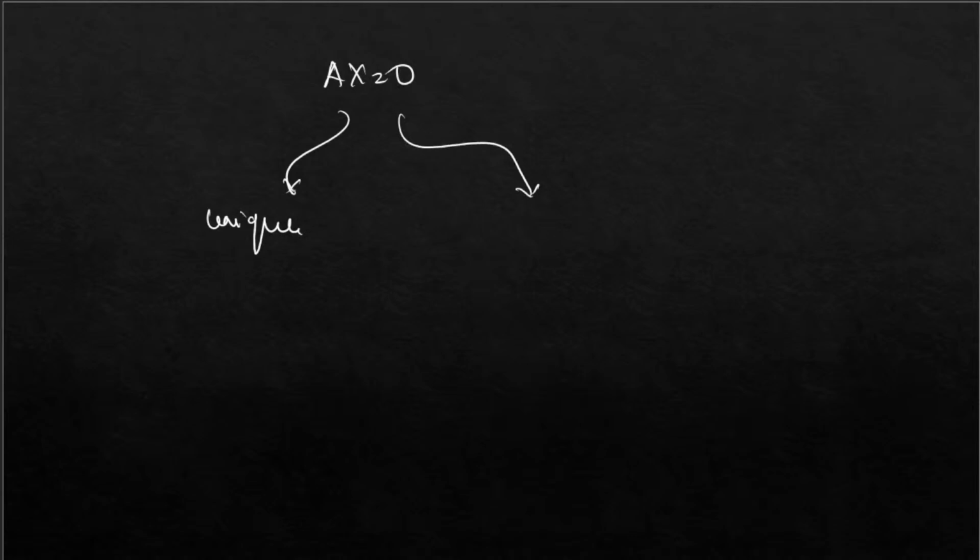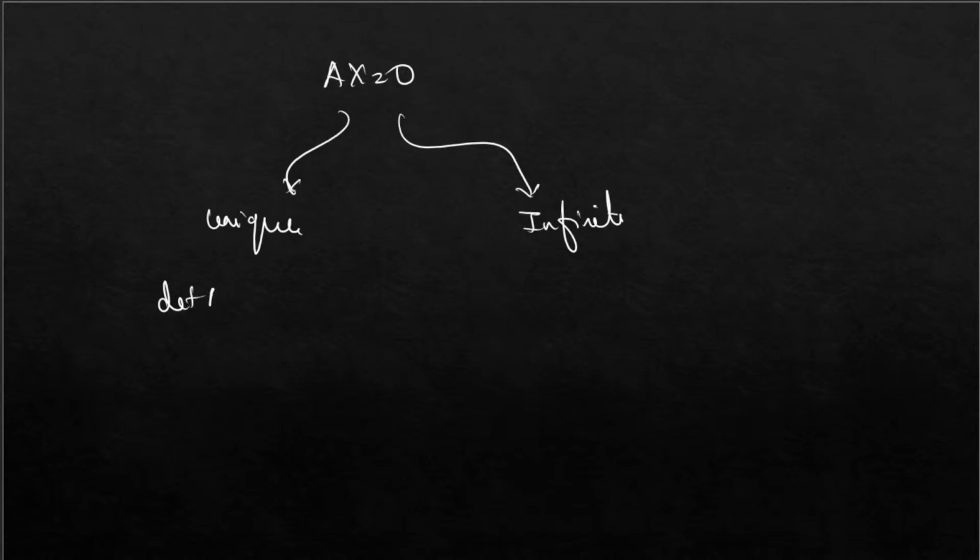So let's see the next one. Ax equals 0. So this we know is homogeneous. This can be unique, or this can be infinite.